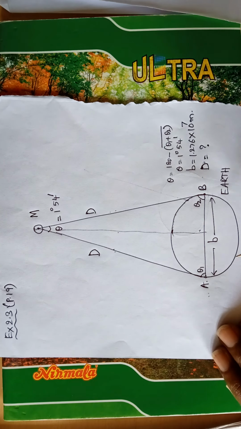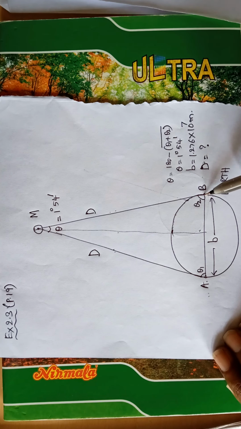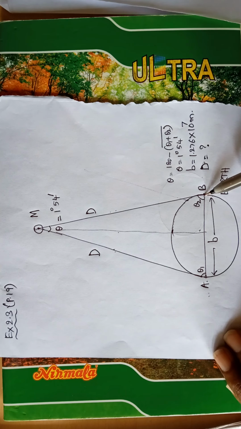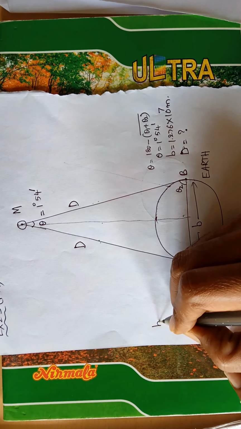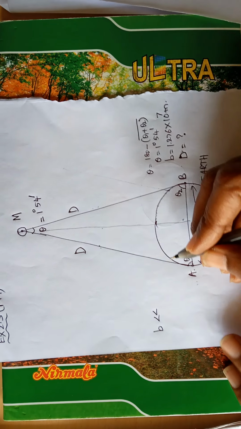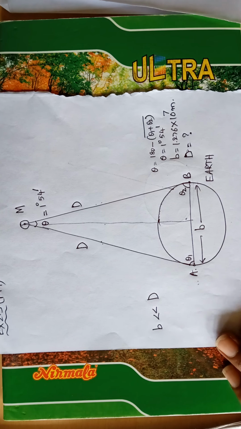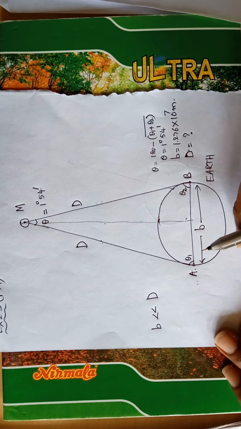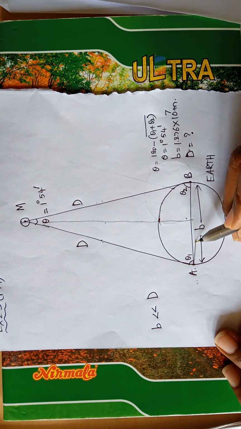See, for this triangle, AB is visible to you as a straight line. But compared to D, this B is very small, that you know very well. B is very much smaller than capital D. So this straight line can be replaced by an arc.